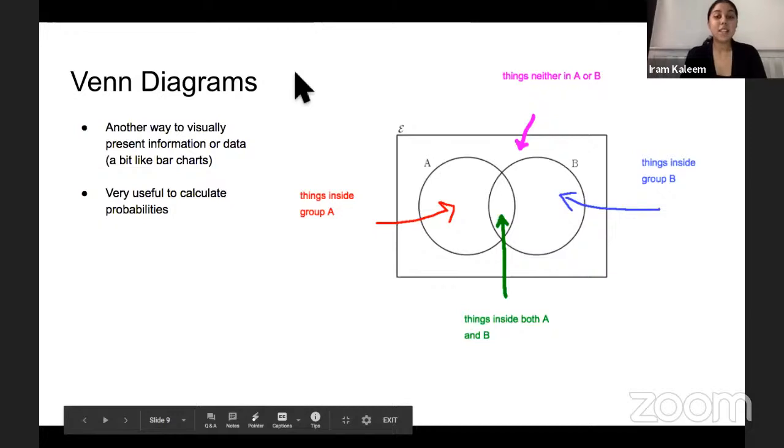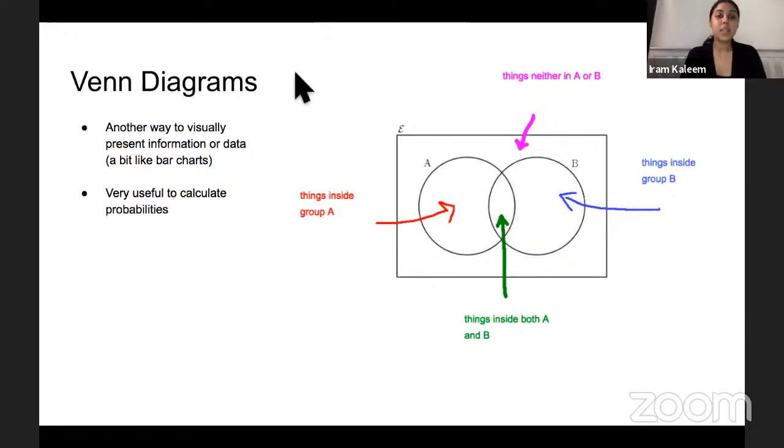Then we looked at Venn diagrams. So we said that this was another way to represent some data or some information, kind of like a bar chart. But in this case, we use 2 circles. And the reason that we learned about Venn diagrams is that we worked out that it was quite useful to calculate probabilities.